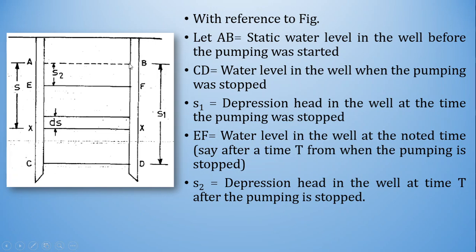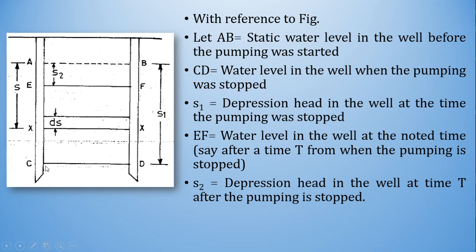This is the well. This is the initial level of the water, and water is heavily drawn down up to the level of CD. This is the drawdown S1. So let us see the terms. With reference to the figure, let AB, shown by the dotted line, be the static water level in the well before the pumping was started.